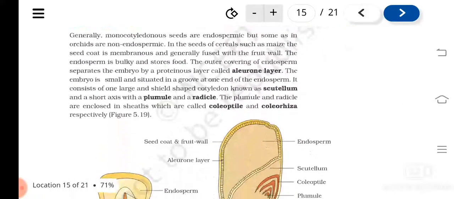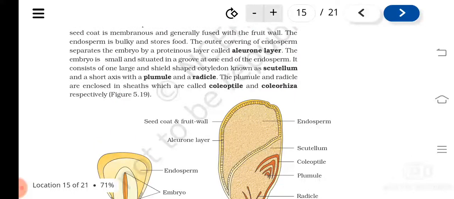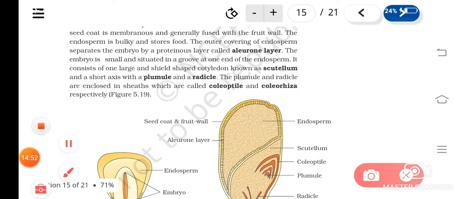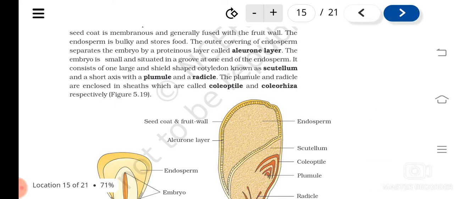root. Okay, and if you see a monocot seed, you can see only one cotyledon is there, and that is known as scutellum. Okay, and then you can see the embryo is attached to one side, and it is also having plumule and radicle.